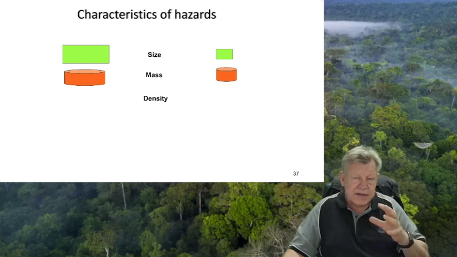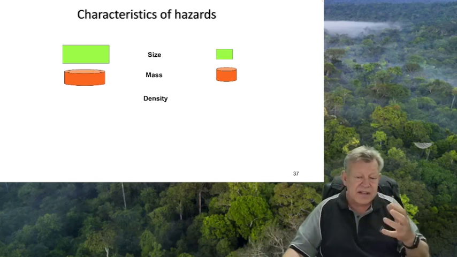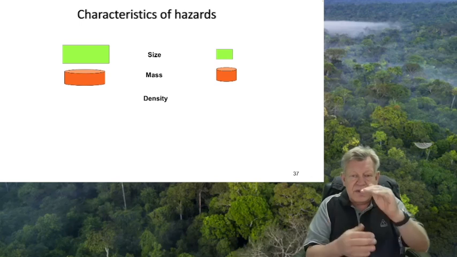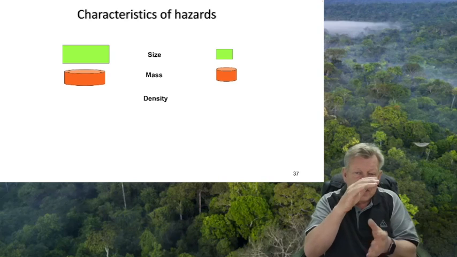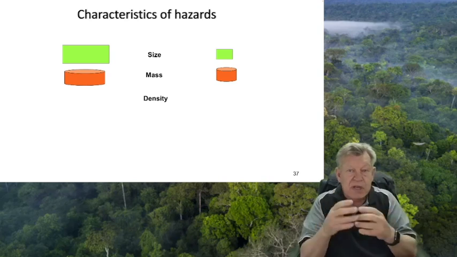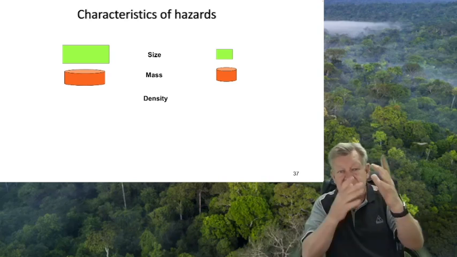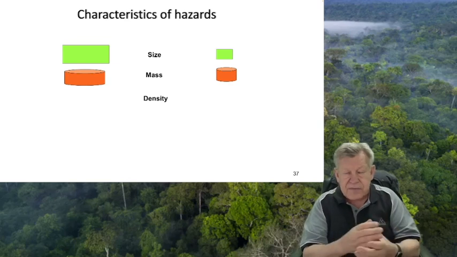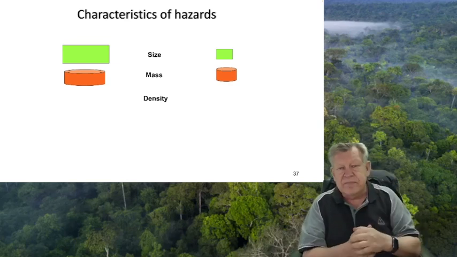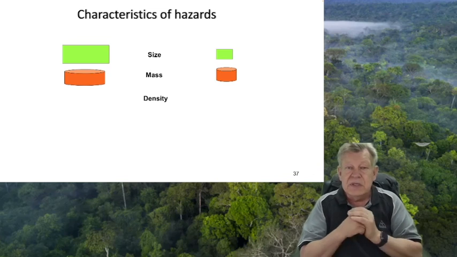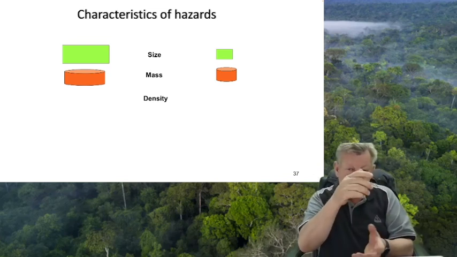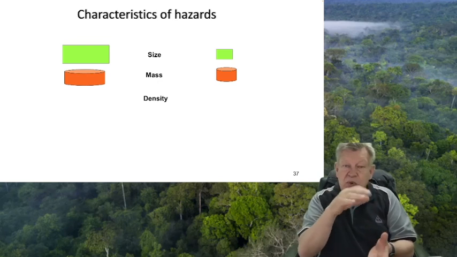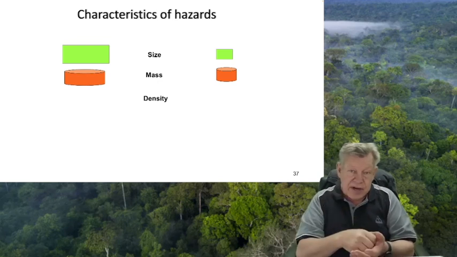Another characteristic is density. Density talks about how much of a substance can fit into a volume. The standard measurement is 1 liter, like a 1 liter Coke, or a liter of milk. Now, if I take a 1 liter Coke bottle and put nothing else in it, there's only air in it.